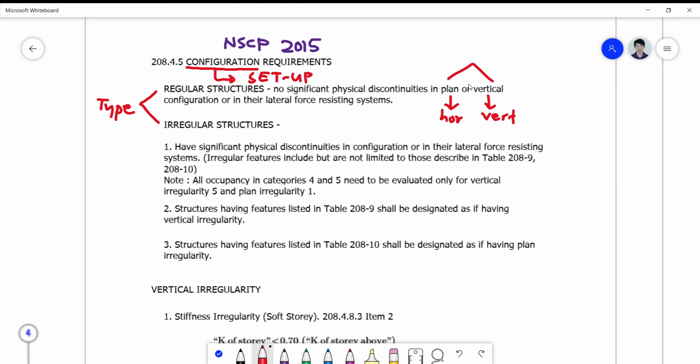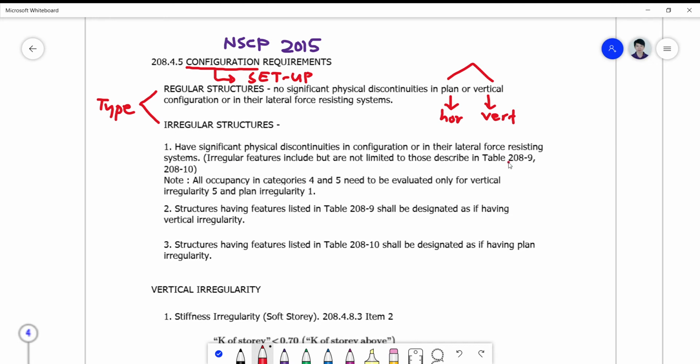So for irregular structures, the definition is quite broad in the sense that we have to deal with table 208-9 and table 208-10.